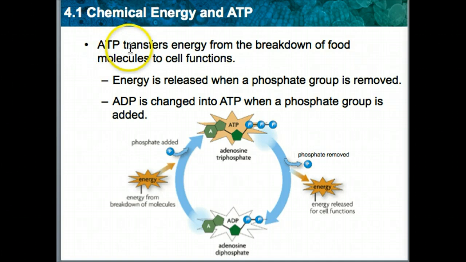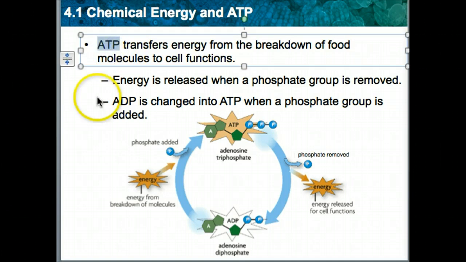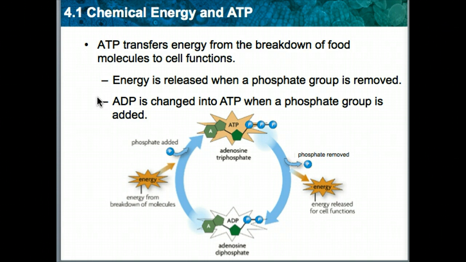ATP stands for adenosine triphosphate, as in 3 phosphates. ATP transfers energy from the breakdown of food molecules to cell functions. Essentially, when you have ATP, which you can see down here in the picture, and you remove a phosphate, energy is released, for example going to cell functions, and then you end up with adenosine diphosphate, as in 2 phosphates.